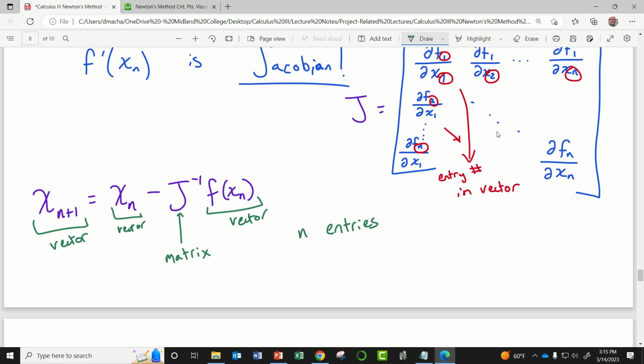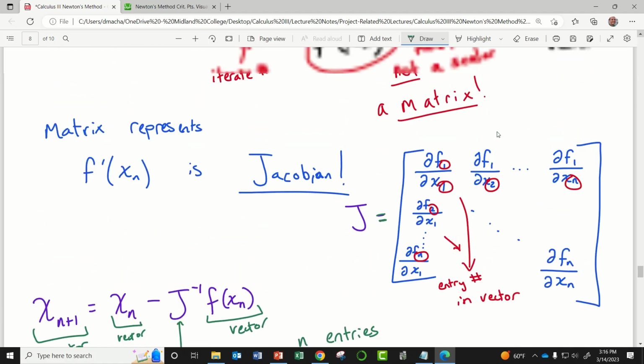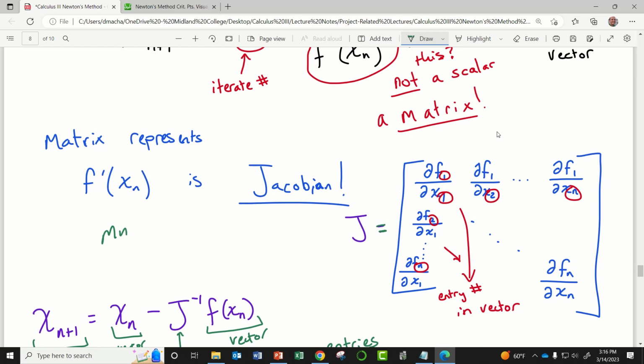Now, I said in a previous recording that not every square matrix is invertible, but every invertible matrix is square. And since I need to take the inverse of the Jacobian, that means the Jacobian must be a square matrix.